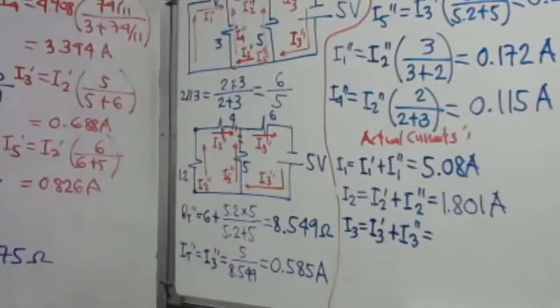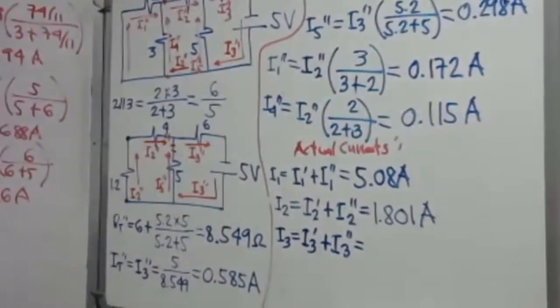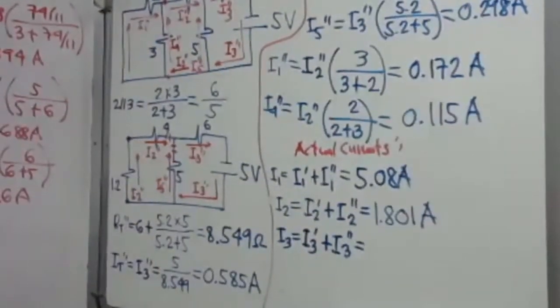So i-add ulit natin, mga ka-aware pa. What is I3 prime value? I3 prime is 0.688, and then plus I3 double prime. I3 double prime is 0.585.